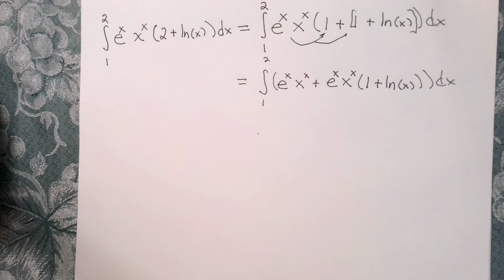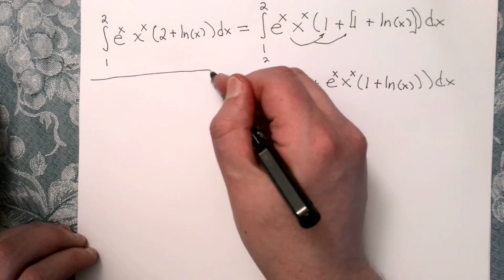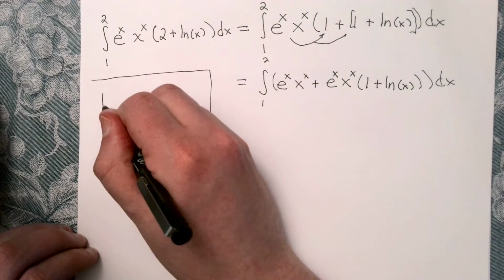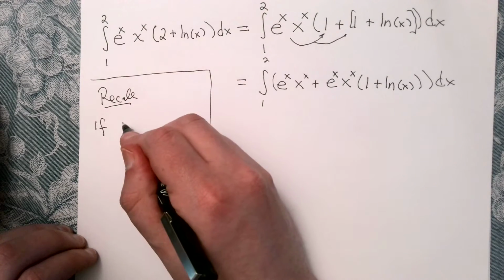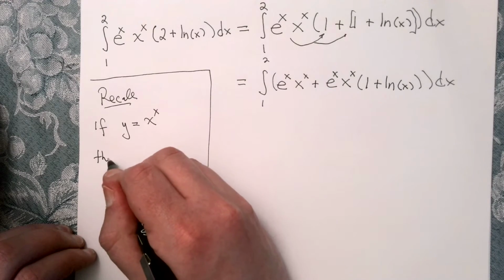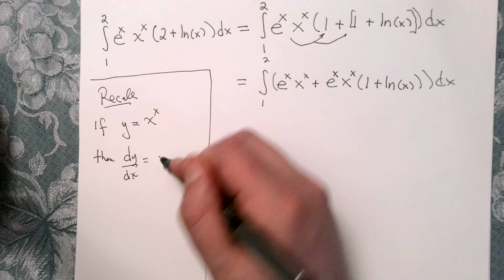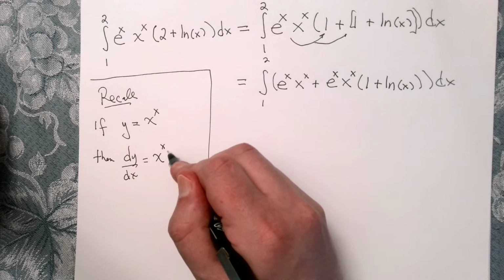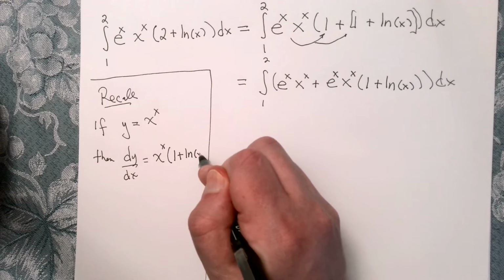But if you think about this, if you recall from before, so maybe it's worth saying on the side, recall, we just saw the following. So recall that if y is equal to x to the x, then the derivative, dy dx, we said was x to the x times 1 plus the natural log of x.